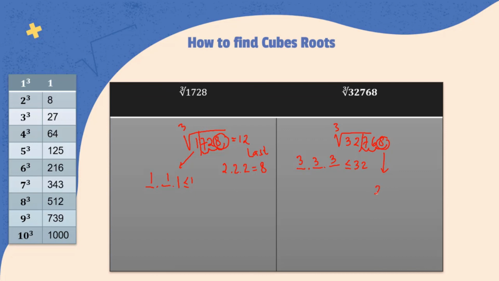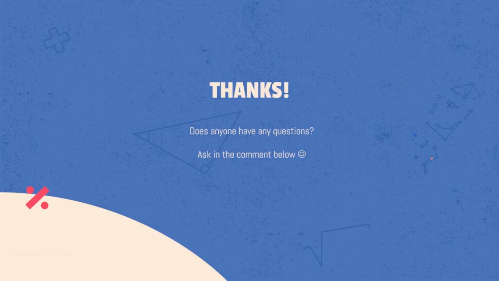That's 2. 2 times 2 times 2 has the last digit 8. So the cube root of 32,768 is 32.